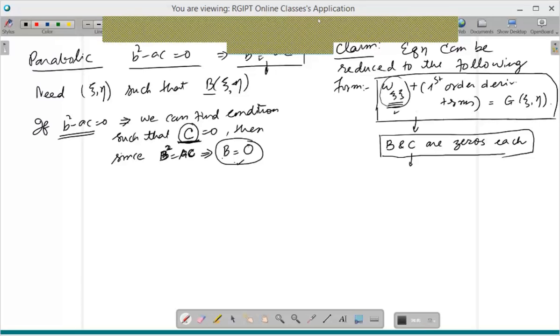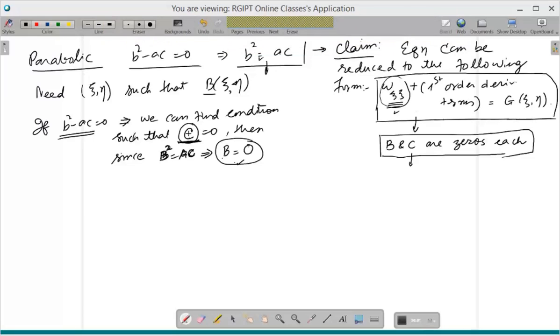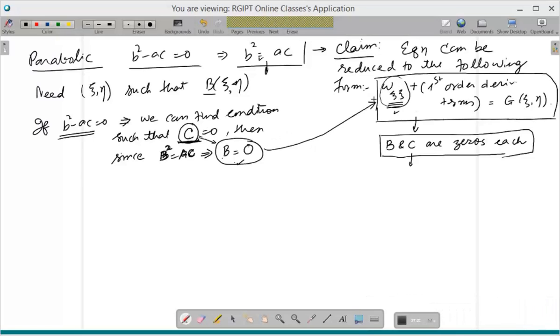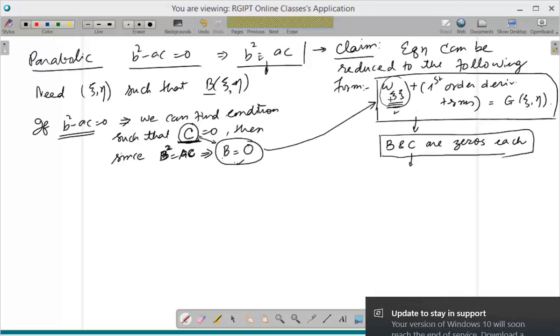I will repeat. My claim is that if capital C is 0, then since B squared minus AC does not change sign upon coordinate transformation, in the changed coordinate system also capital B squared will be equal to capital A times capital C. So if capital C is 0, capital B will also be 0, and if these two are 0, then it automatically ensures the governing equation has only one second order derivative, twice with respect to zeta, the first variable, or one of the variables.